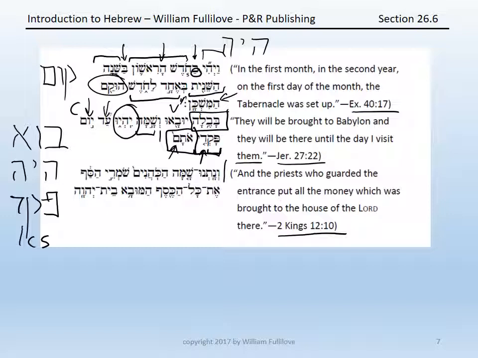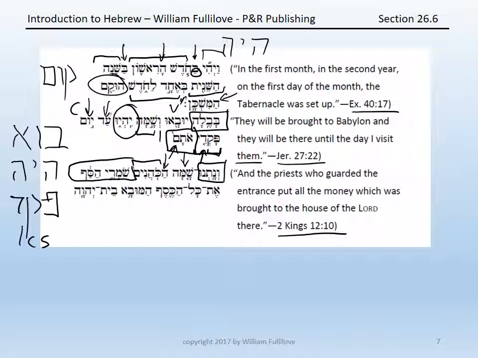So, and they put shamah, there. Now the subject follows, ha, definite article, plus kohanim, masculine plural, priests. So the priests put there. And the priests are described as shomerei hasaf.